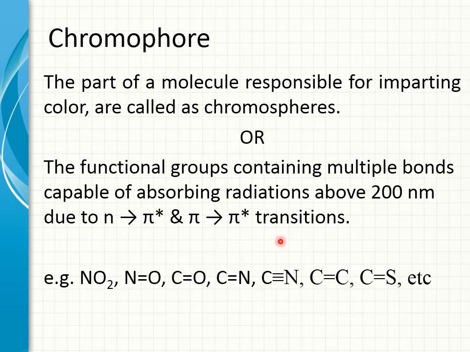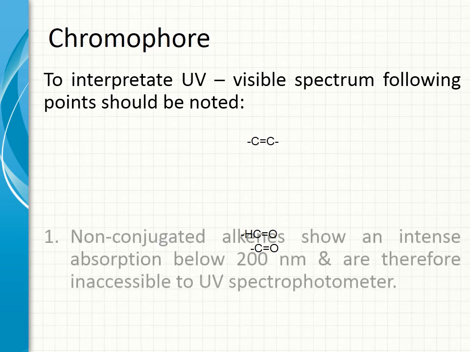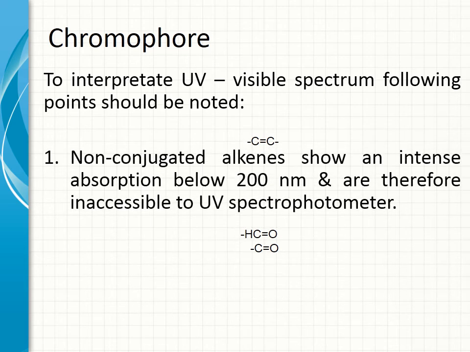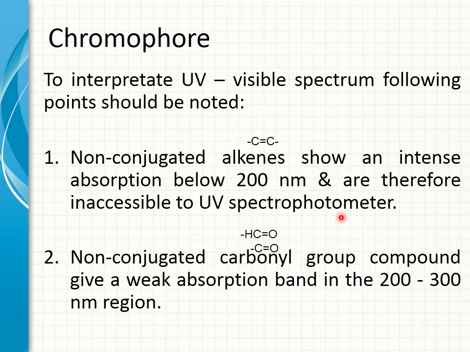These groups given below are examples of different types of chromophores. Every different type of chromophore has a characteristic pattern of absorbance. For example, alkenes show absorbance around 200 nanometer, whereas carbonyls show a characteristic pattern of absorbance within this region.